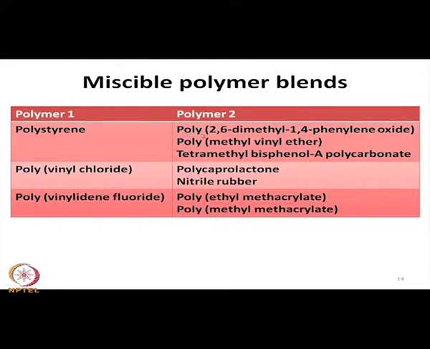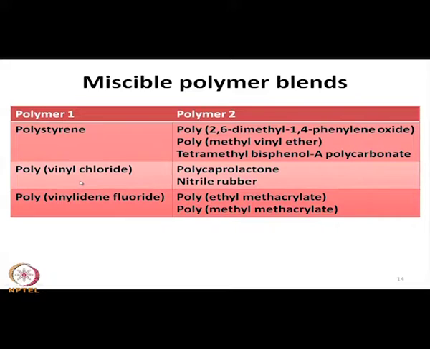One example can be poly 2,6-dimethyl 1,4-phenylene oxide. So, polystyrene with this polymer can have a good blend. Polystyrene with polymethyl vinyl ether can be a different blend. Polystyrene with tetramethyl bisphenol A polycarbonate will be again a new polymer blend.